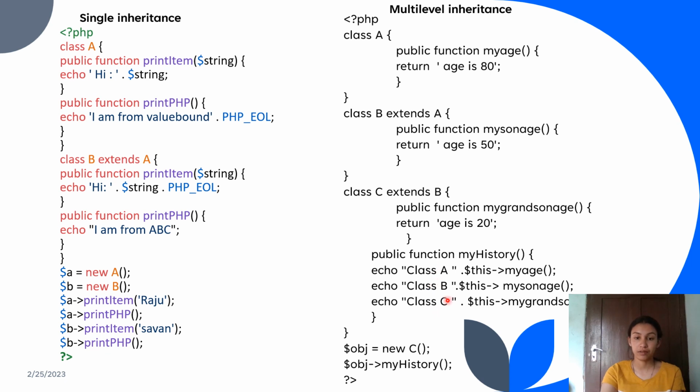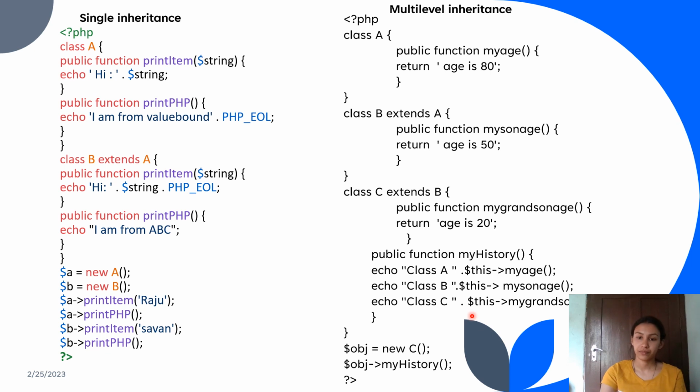In this function we have called my age, my son, and my grandson. My age is a function of class A, and my son age is a function of class B. So in class C we have used all the functions named my son age and my age, and using an object of class C we have used the properties of each class.